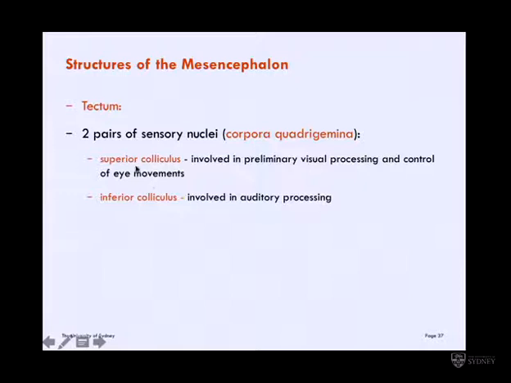The superior colliculus is involved in visual processing, very preliminary visual processing, as well as the control of eye movements. And the inferior colliculus is involved in forms of auditory processing. Not the primary auditory processing, but some forms of auditory processing.